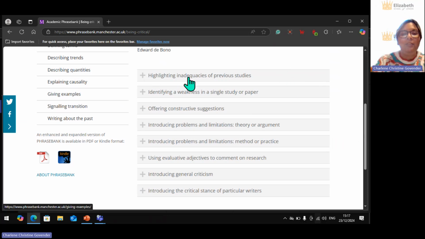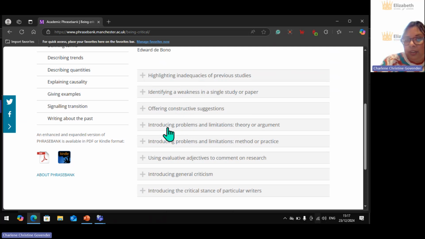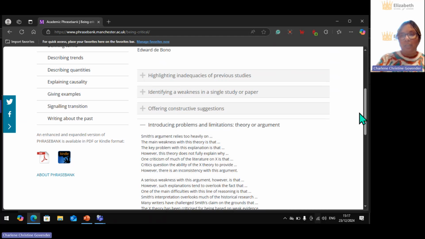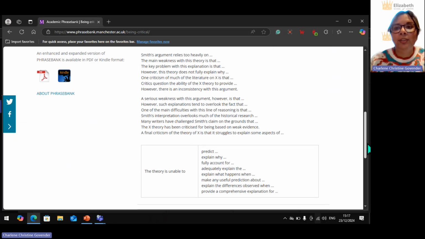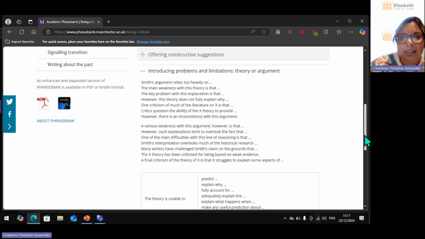Okay, so if you have information about introducing a problem and limitations in theory and argument, then you click on that and you say, okay, I'm going to find a phrase that matches most closely to what I've said. Now here you may see it says Smith's argument relies too heavily on.